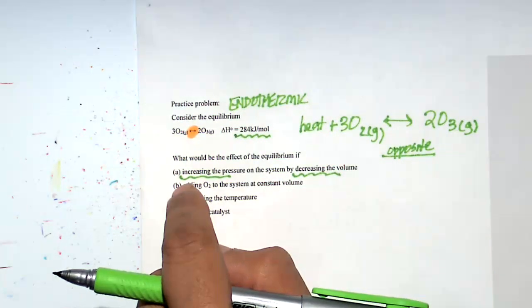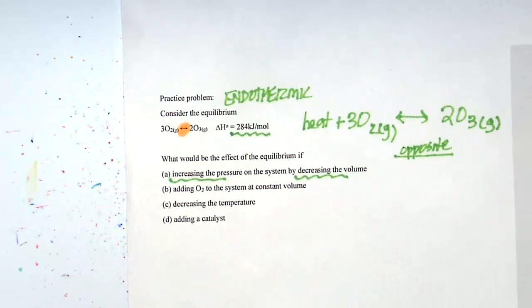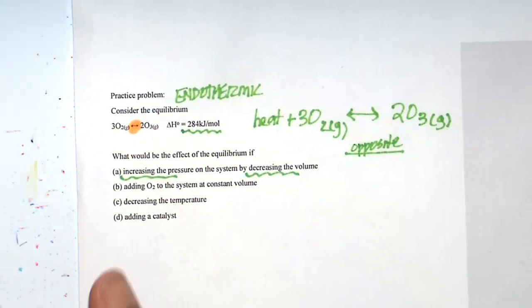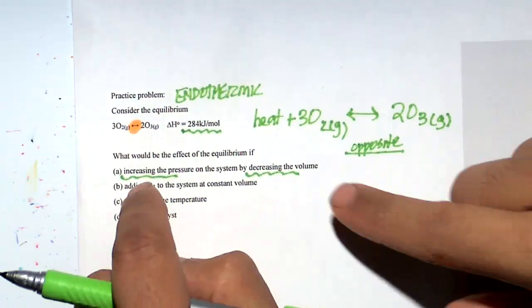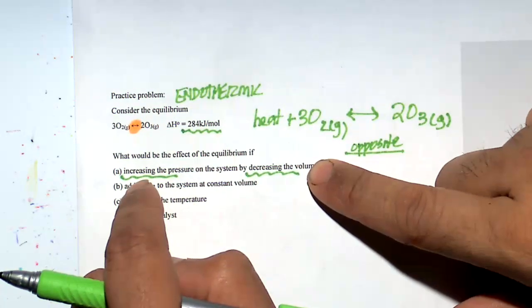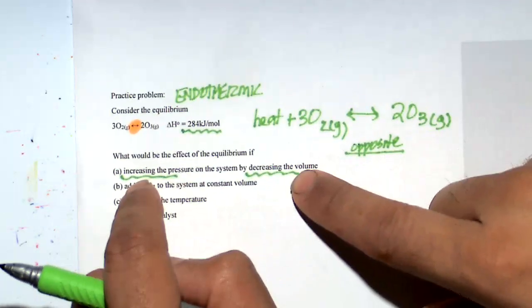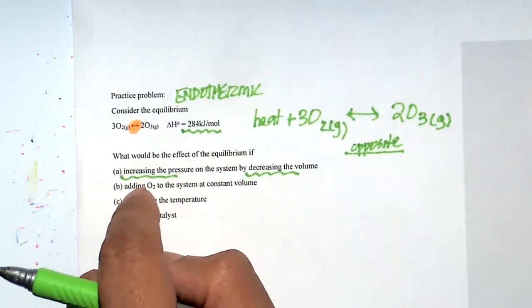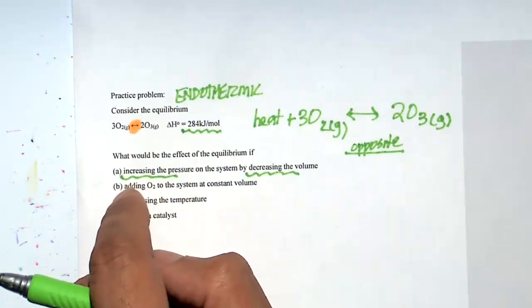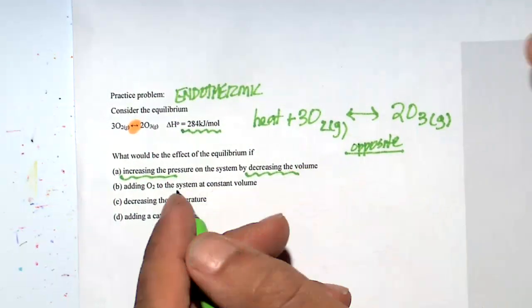We just said decrease in volume. That's the same thing, right? So you would increase the volume. Yes, so the opposite is increasing the volume or decreasing the pressure, right? Correct? Are we all in agreement?